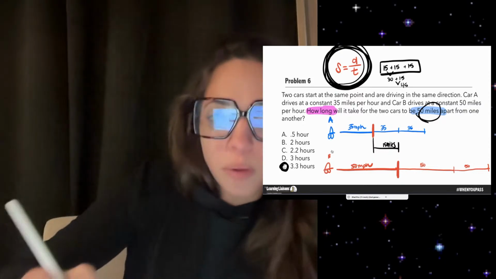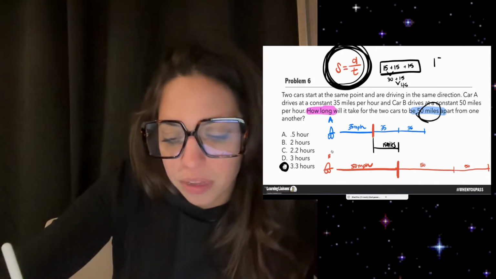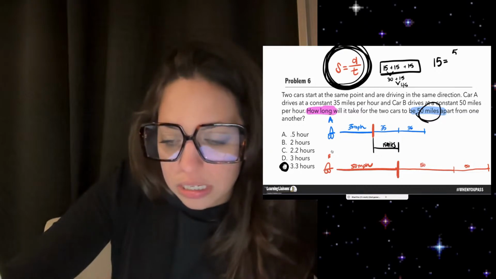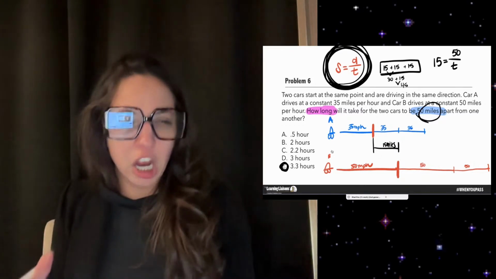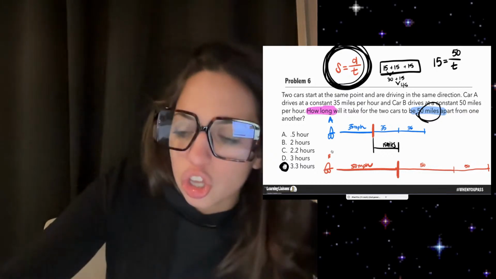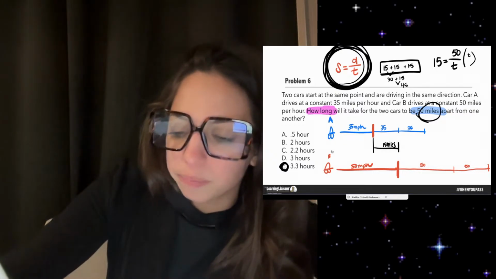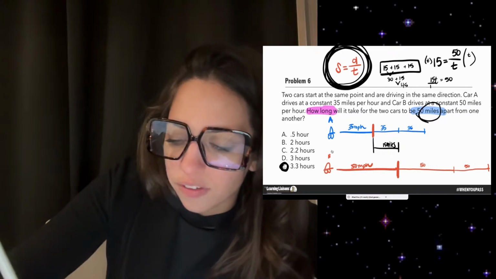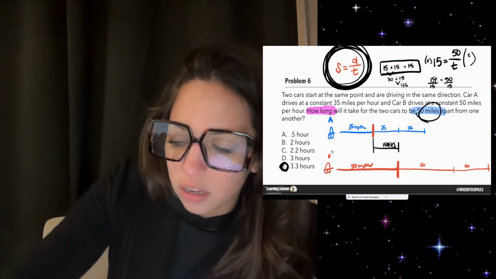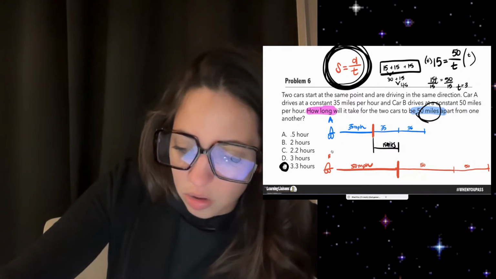And so my speed is going to be that 15 equals distance over time, and then you can solve it from there like we've solved the others. So multiply both sides by t. 15t equals 50. Divide both sides by 15. T equals 3.3.